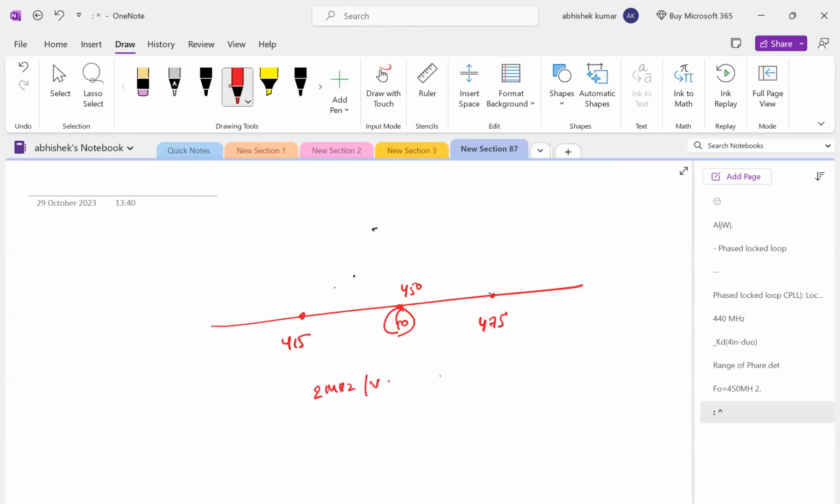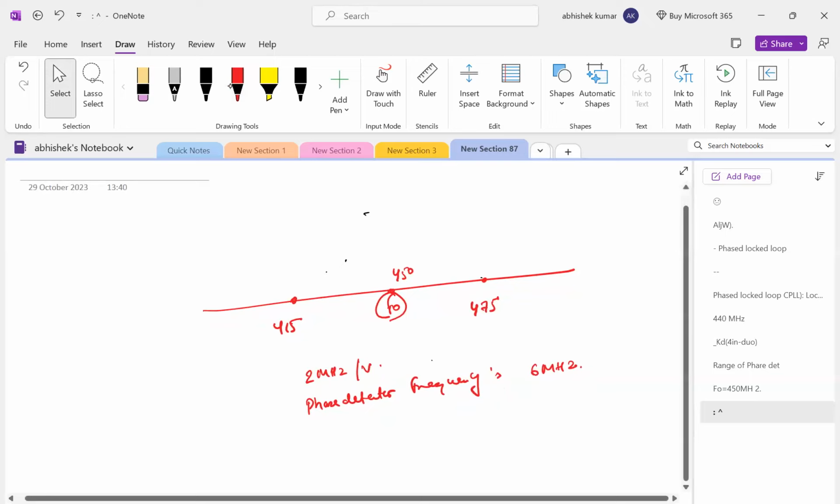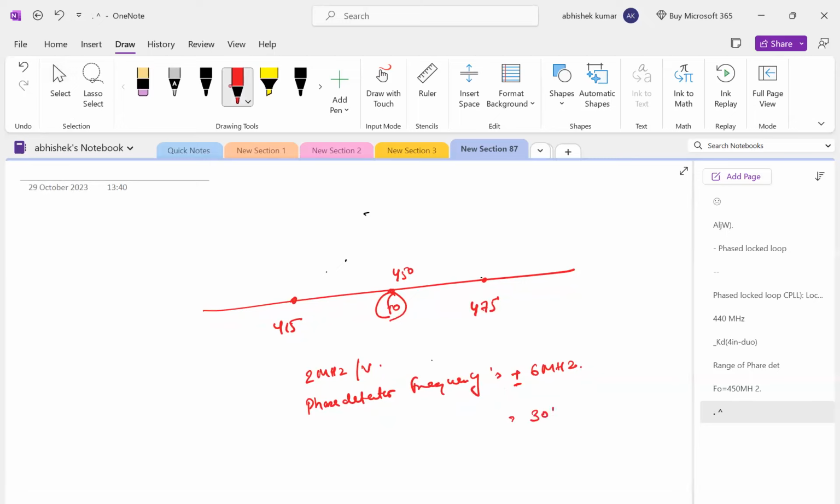So for the phase detector the frequency will be plus minus 6 megahertz, and that will be multiplied by 3. That will be 30 megahertz. Now you see this output can go up to 480 megahertz.